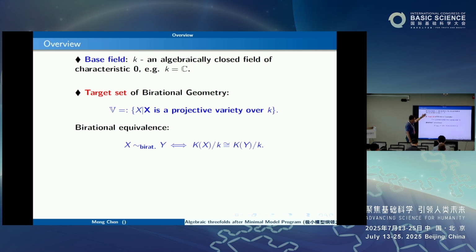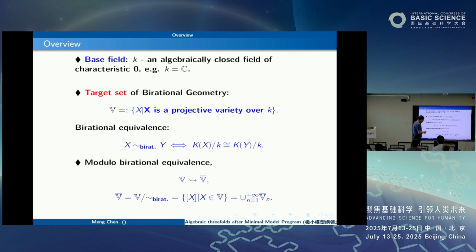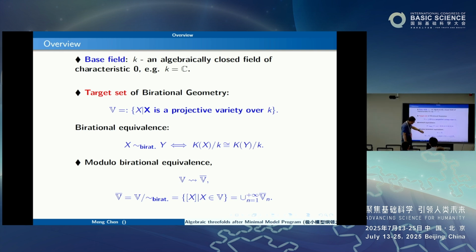From the birational geometry viewpoint, the first step is to study birational equivalence, which means that two varieties X and Y have isomorphic function fields as an extension over K. So modulo birational equivalence, the target set becomes V bar. That means we have to study each class as an equivalence class.